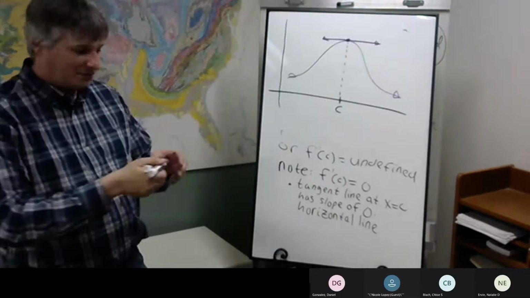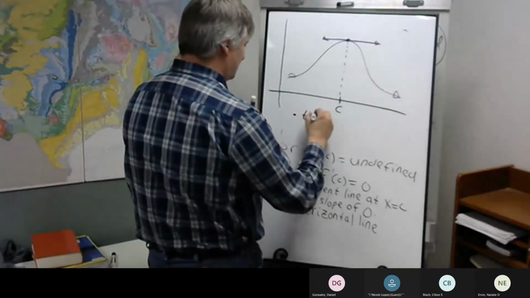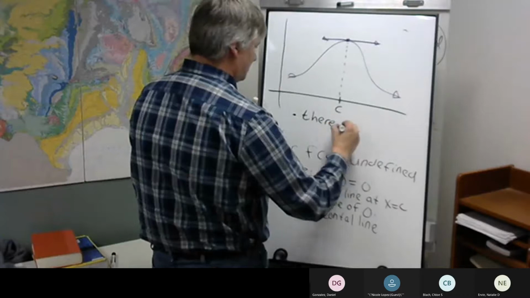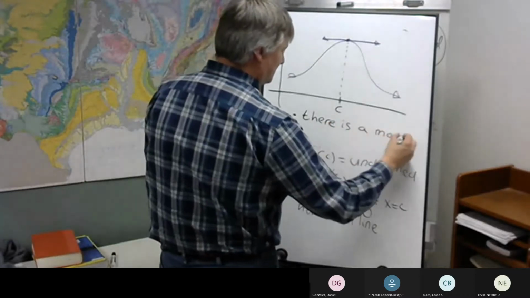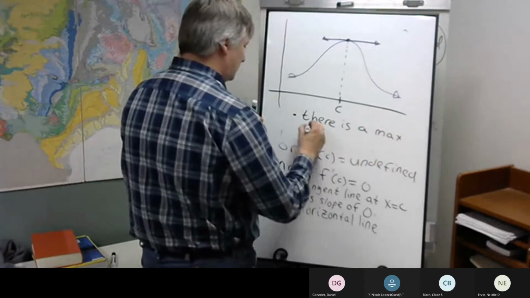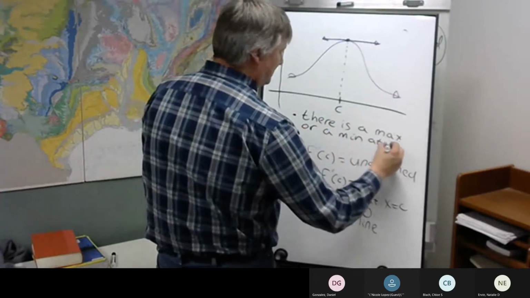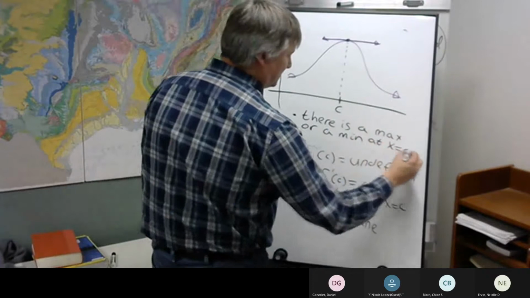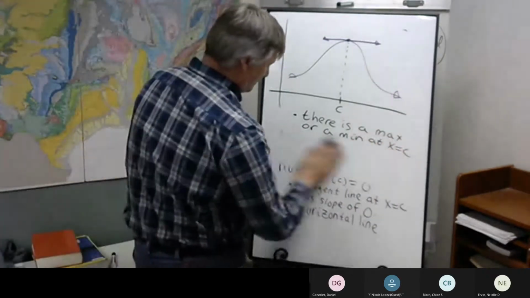So what that means, there is a max or a min at x equals c. Here, let me draw the minimum version of this.